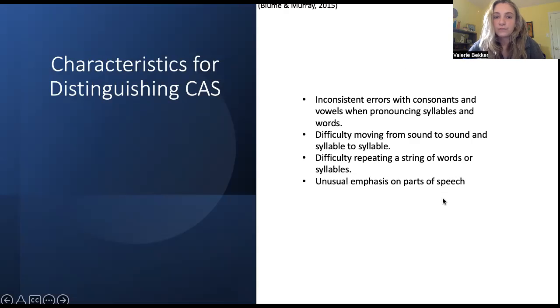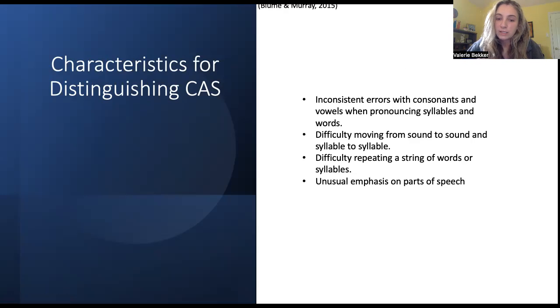Some characteristics for diagnosing childhood apraxia of speech include inconsistent errors with consonants and vowels when pronouncing syllables and words. So an example of that would be a child saying the same word slightly different each time.